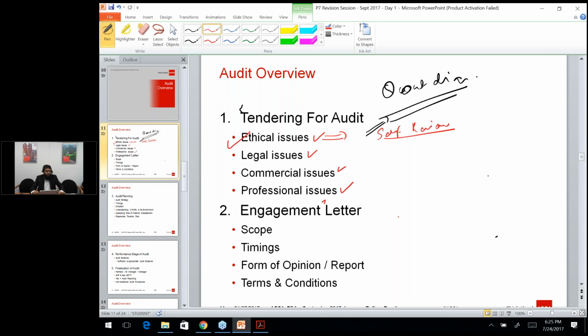Number two is legal issues. Now, what do you mean by legal issues? At times you may be an ACCA qualified accountant, or you might hold a qualification of any other body.